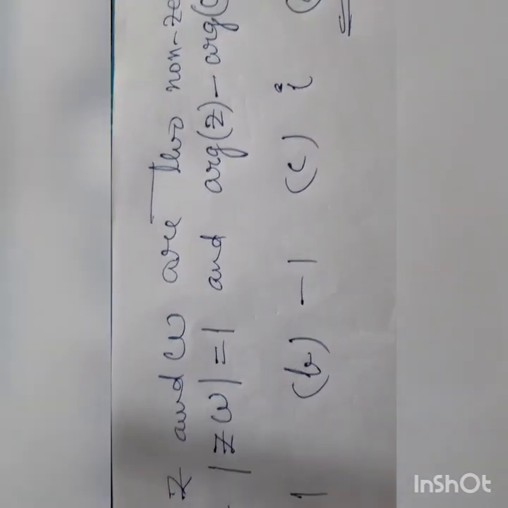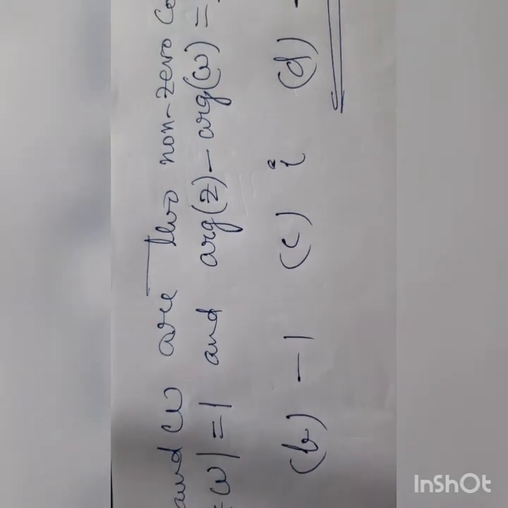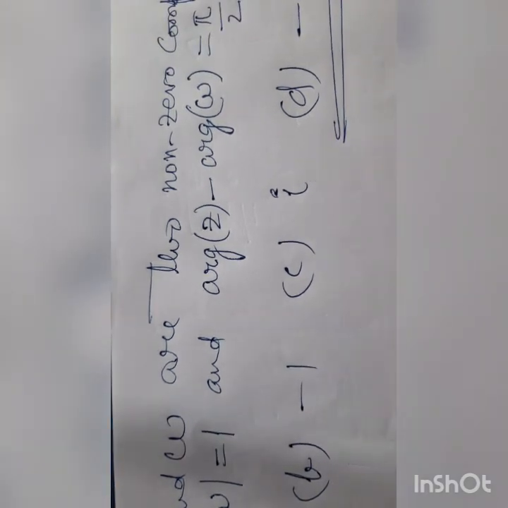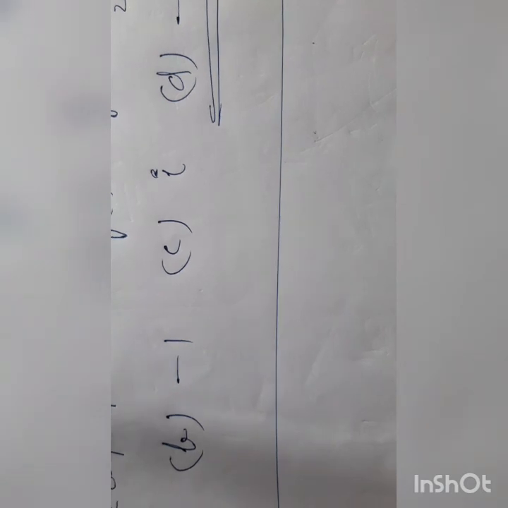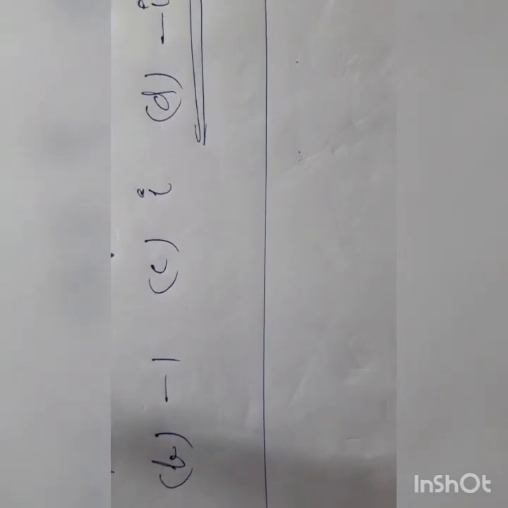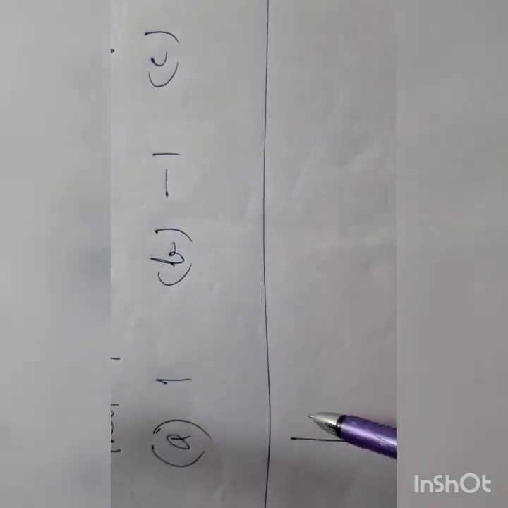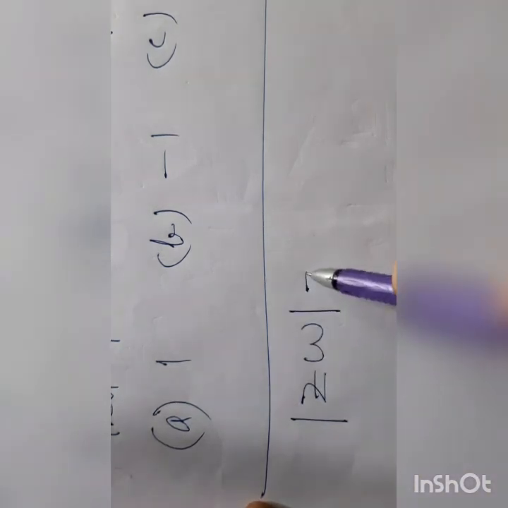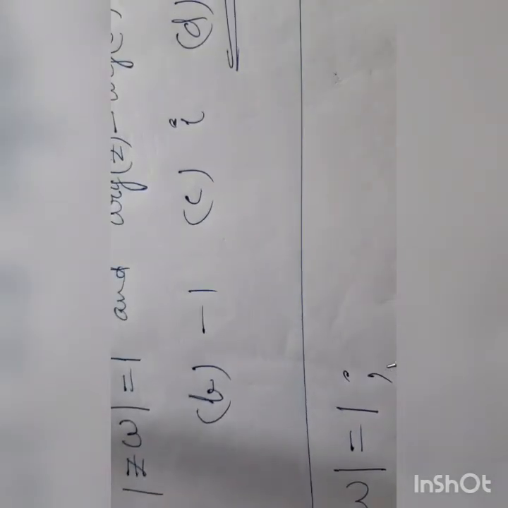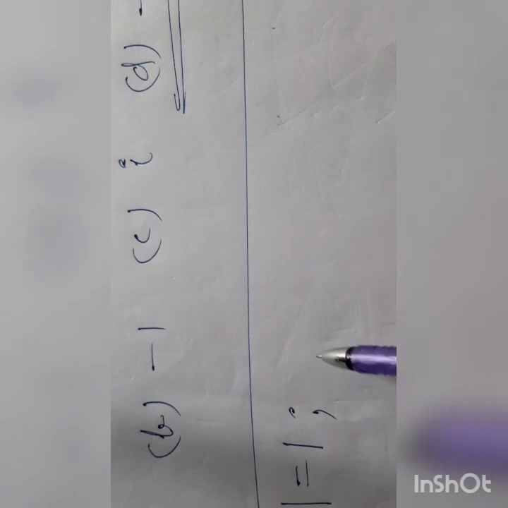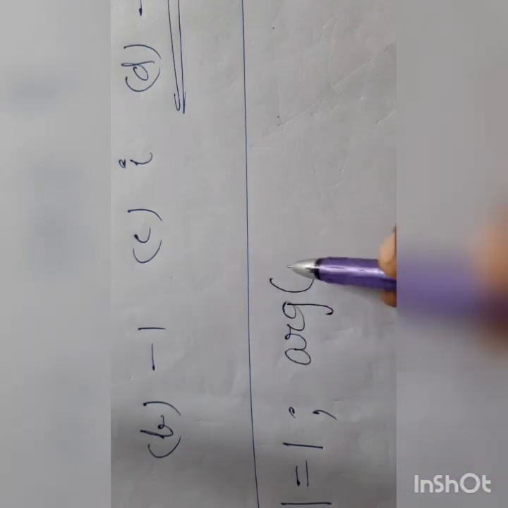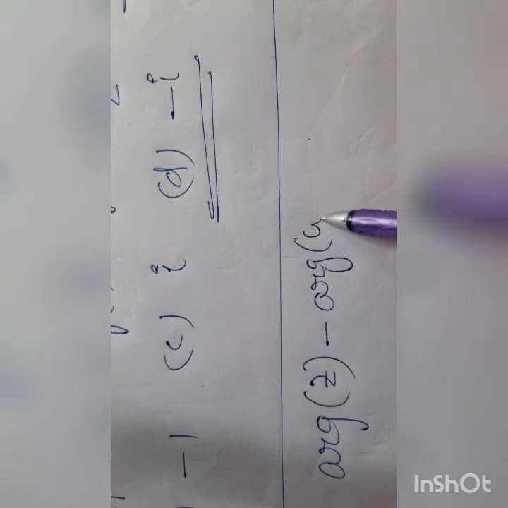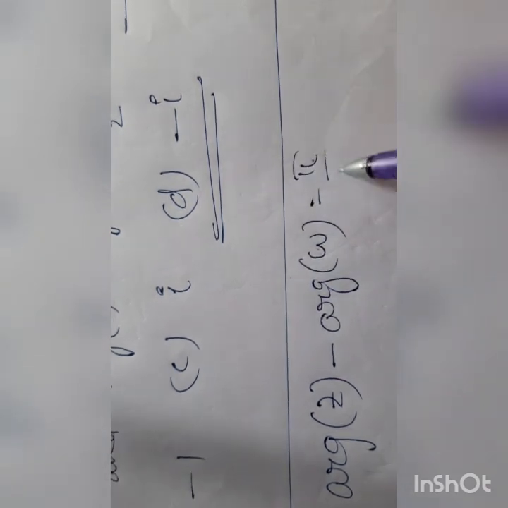Our conditions are here: mod Z omega equals 1, and arg Z minus arg omega equals pi by 2.